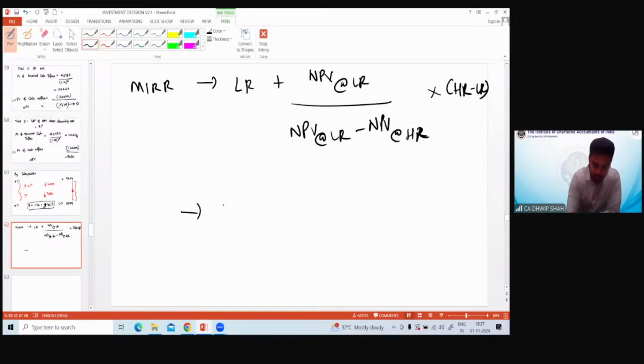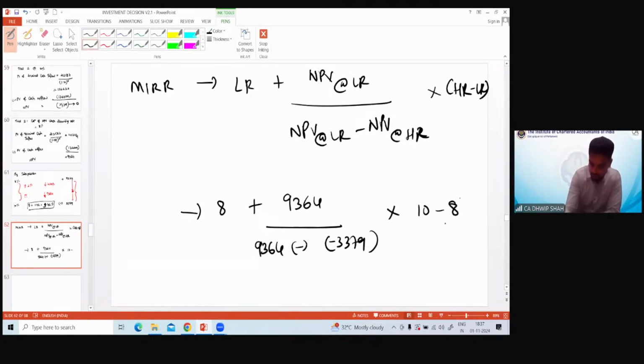So we can use this formula as well. 8% is the lower rate. NPV at lower rate is 9364, divided by 9364 minus NPV at higher rate, which was minus 3379, multiplied by higher rate 10 minus lower rate 8. So you will again get the same answer.